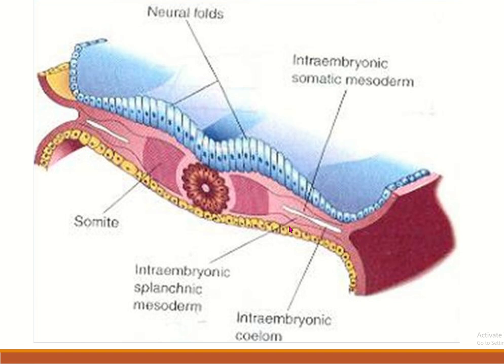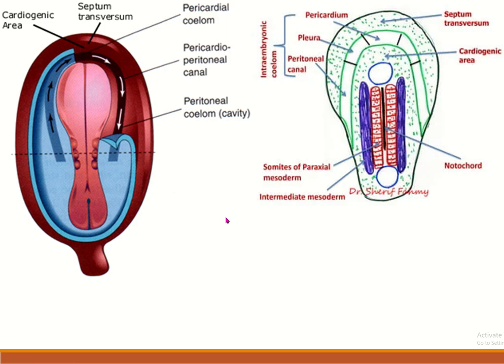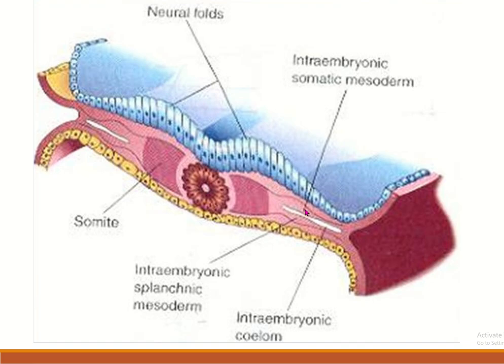One part runs with the endoderm, and this part of lateral plate mesoderm is known as the splanchnic mesoderm. So the parietal pleura actually develops from the somatopleuric mesoderm, and the visceral pleura is developed from the splanchnic mesoderm. This is the derivative of the development of the pleura.